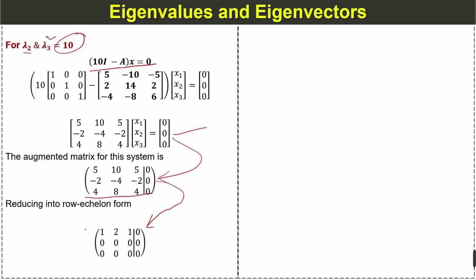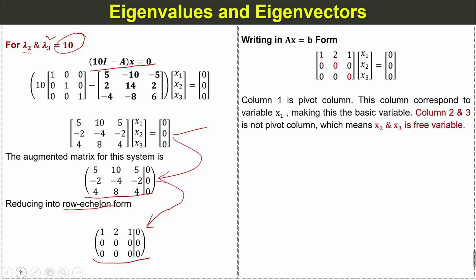After reducing into row echelon form, we get this, and we write it in the Ax equals b form. Here we can see that we have two free variables, corresponding to column 2 and column 3, because column 2 and column 3 are not pivot columns. So x2 and x3 are free variables.